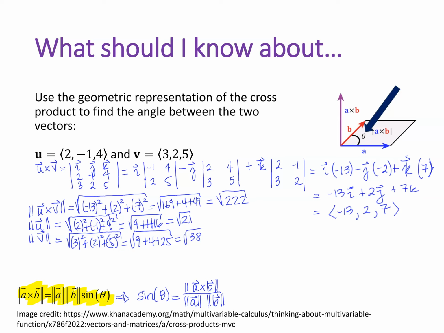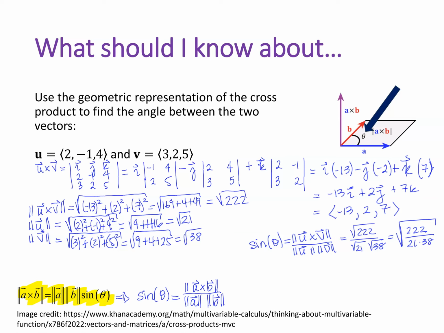So what we could say now is that the sine of the angle that we're interested in is the magnitude of u cross v, those are the vectors we're working with, divided by the magnitude of vector u times the magnitude of vector v, which is the square root of 222 over the square root of 21 times the square root of 38, which is basically the square root of 222 over 21 times 38.